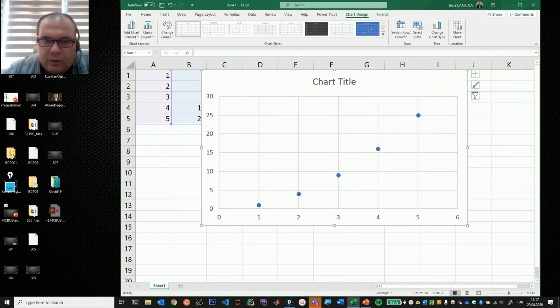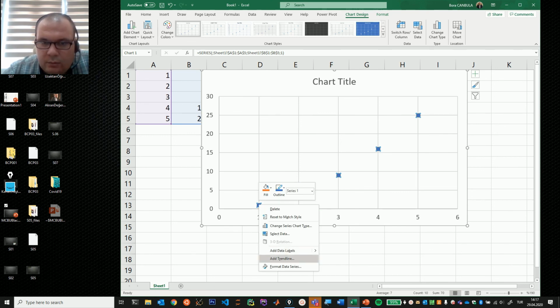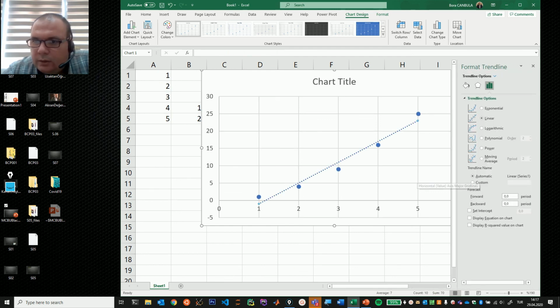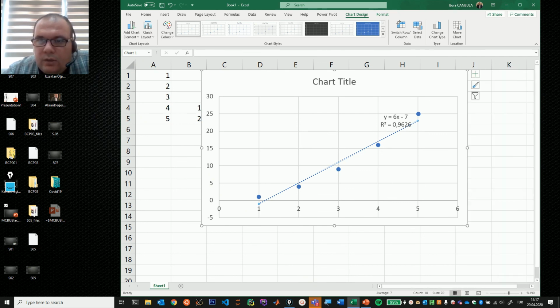And then I'm going to select these points, right click, and add a trend line. And yes, I want to see the equation, and I also want to see the R square value. Okay. It seems we have the correct values, right?